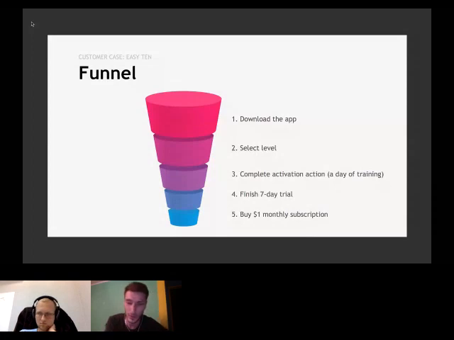Like as you can see, number 3 is the activation action here, a day of training. So also selecting level, so that can differ from app to app, but you can see that you can just break down the user journey into steps and estimate each of those steps.